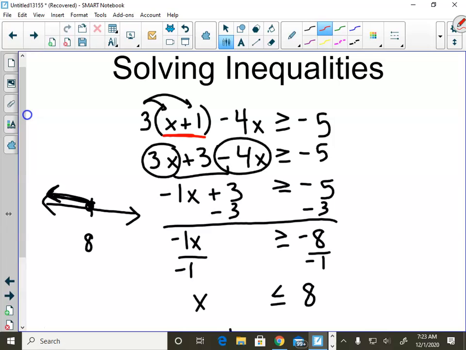So that's 3 minus 0, so that's 3. And is 3 greater than or equal to negative 5? Well, yeah, it is. So what we solved and what we tried in the beginning, we're going to get the same graph. They're both going to be on the correct side of the inequality graph.